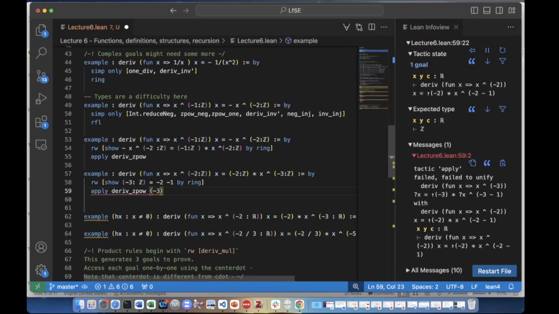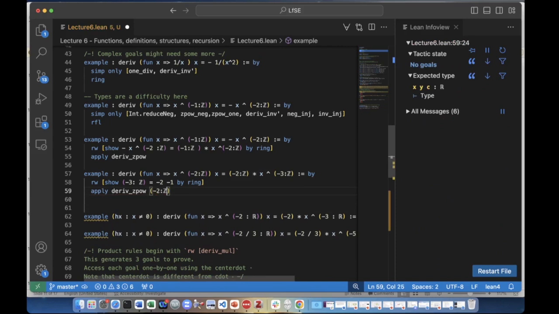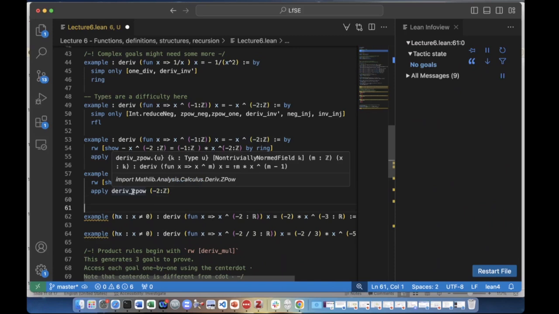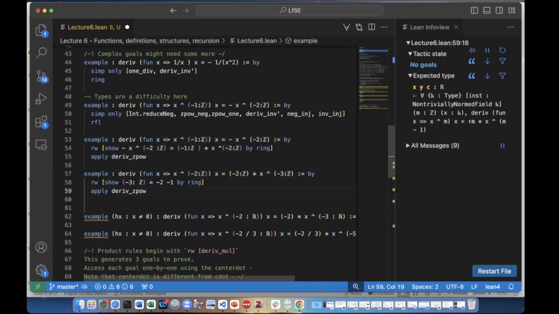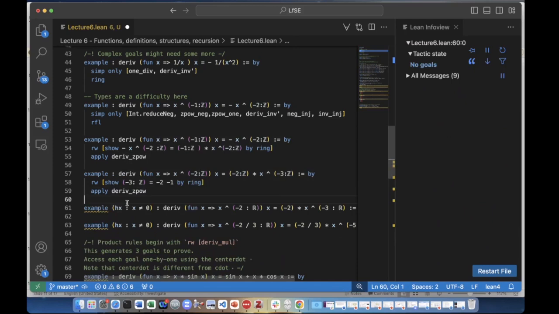Just want to check. Yeah. Deriv Z power is able to take in a hint too, which leaves the type of this even simpler, but we don't technically need it to close the goal in these cases. All right.